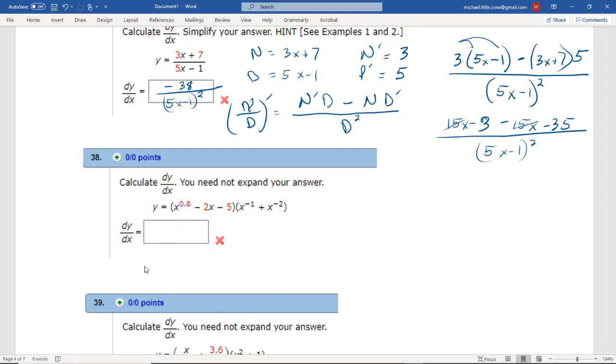Okay, so we've got a product rule here. We'll call this f, we'll call this g. So remember, f of x, we'll just make the notation a little easier.